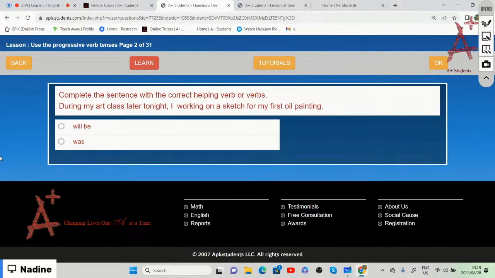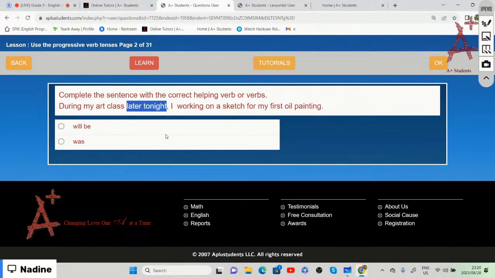So if we look at the words later tonight, later tonight already gives us an indication that it is showing ongoing action in the future. So future progressive tense, which shows the ongoing action happening in the future.